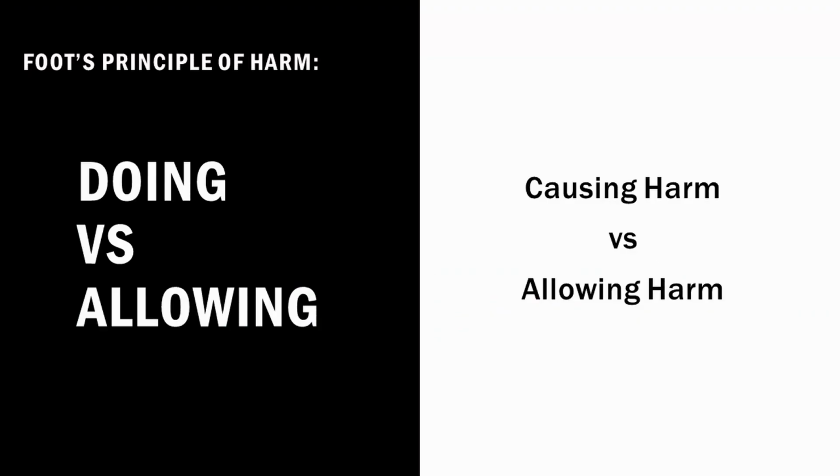Our second moral principle is Foot's principle of harm. Unlike the DDE, where your intentions are what make an act permissible or impermissible, Foot is concerned with whether you are causing harm or merely allowing harm to happen.